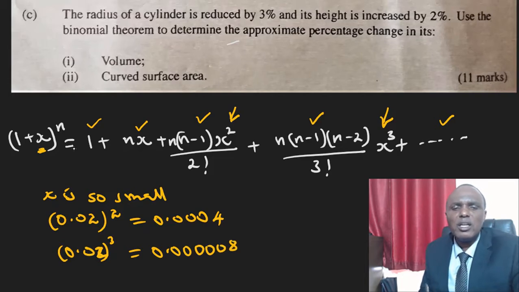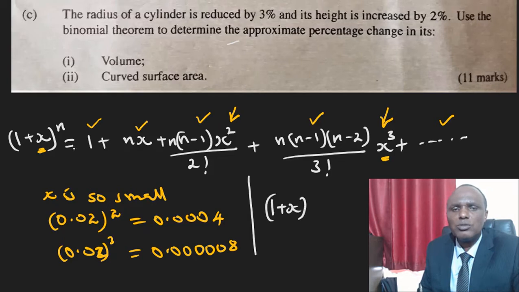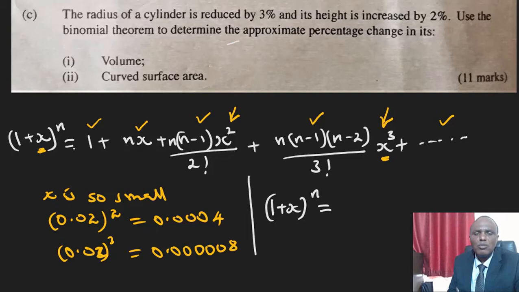You find that the value becomes smaller and smaller as you raise it to higher powers. So if we are doing approximation with 1 plus x raised to power n, the first term we retain is 1, and the second term is nx.